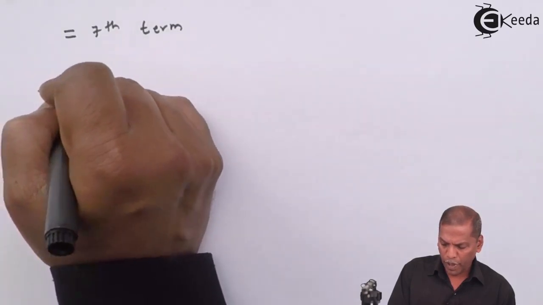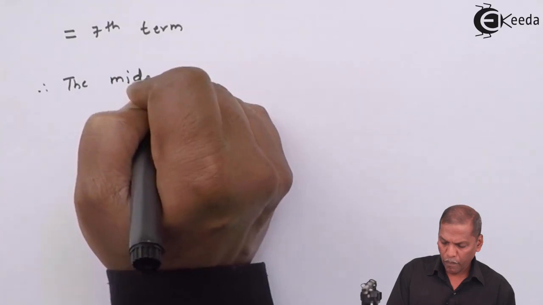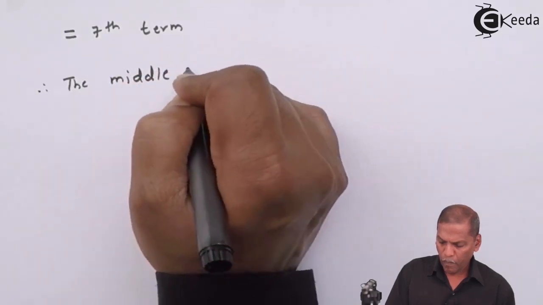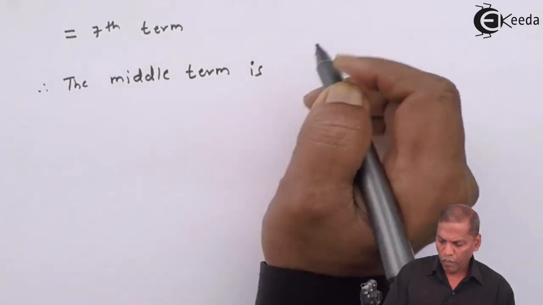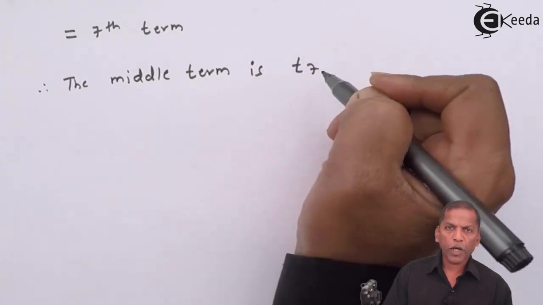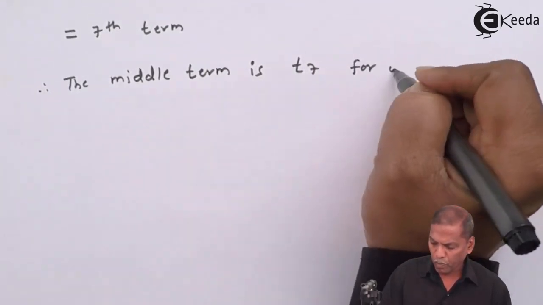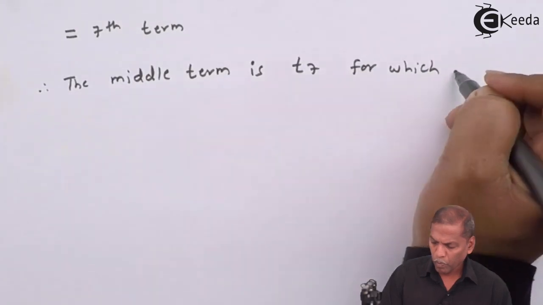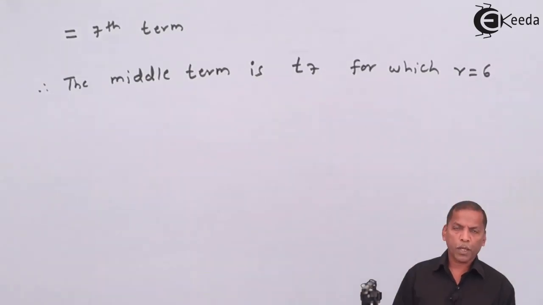Therefore, the middle term is T7, for which r is equal to 6.